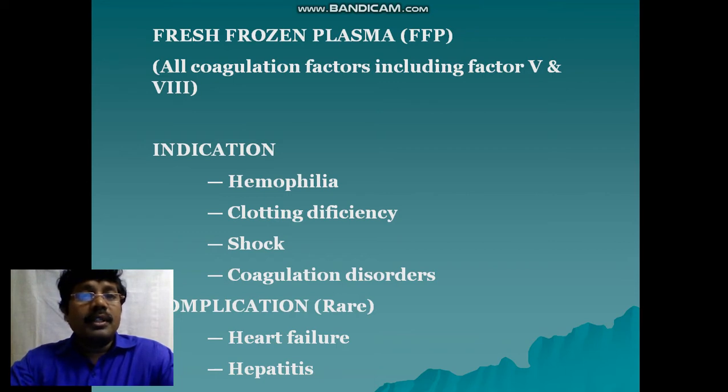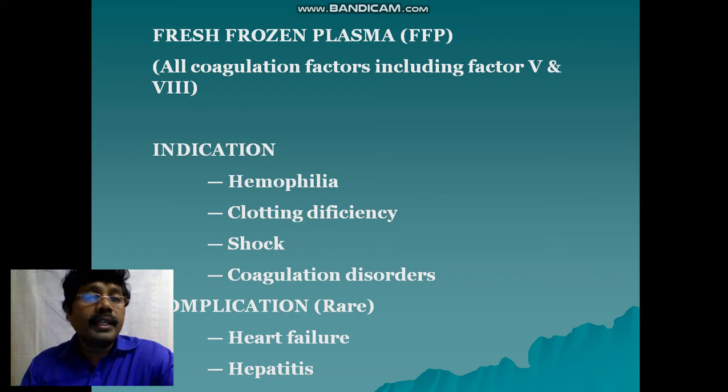Say for example, fresh frozen plasma, that is FFP. It has coagulation factors including factor 5 and factor 8. FFP can be indicated for patients with hemophilia, bleeding disorders, and persistent bleeding. Bleeding will not stop for a few patients.